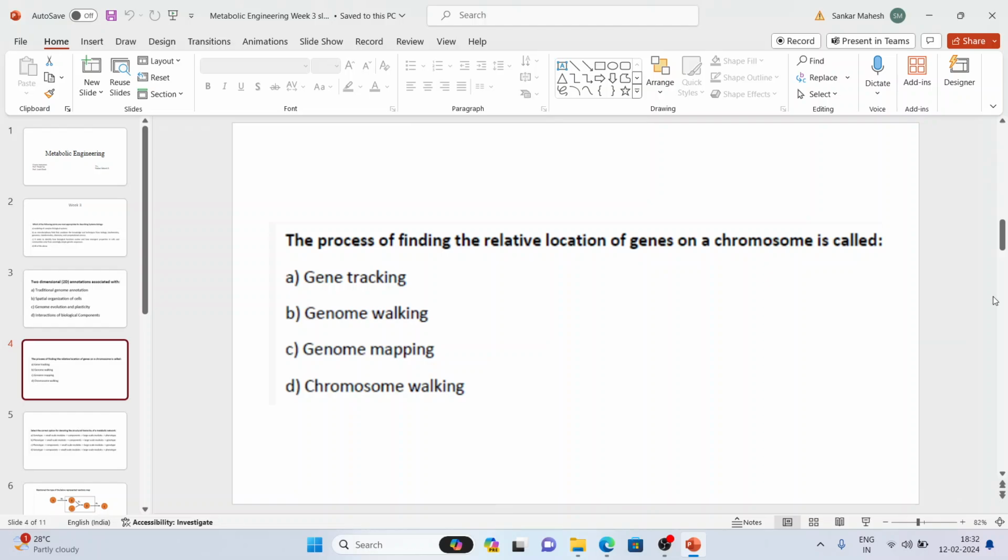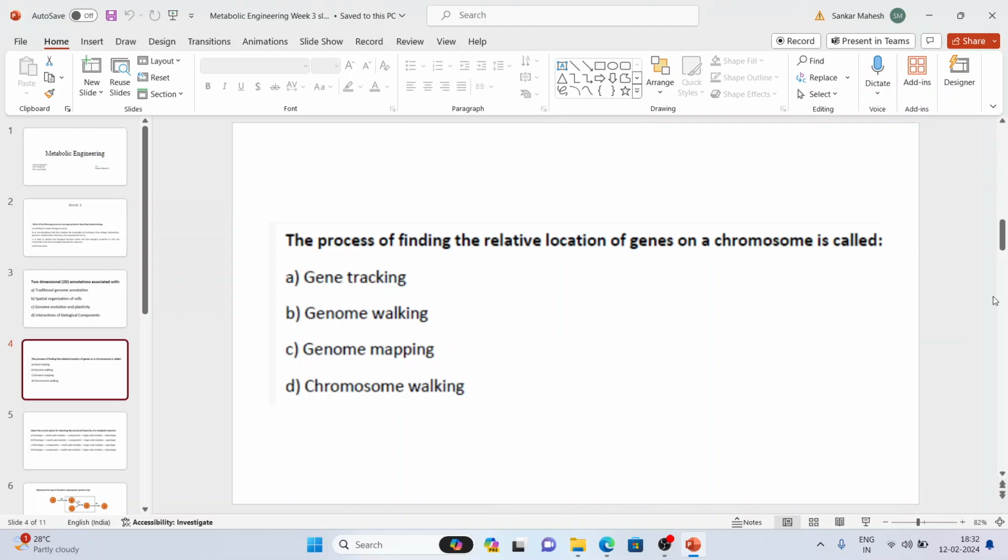So, what is done in genome walking or chromosome walking is you already know some information about a particular region within the chromosome or the genome, and so you design complementary sequences to that and try to amplify from that region. That will act as a primer.